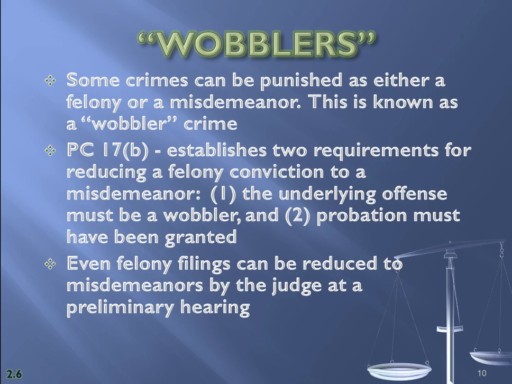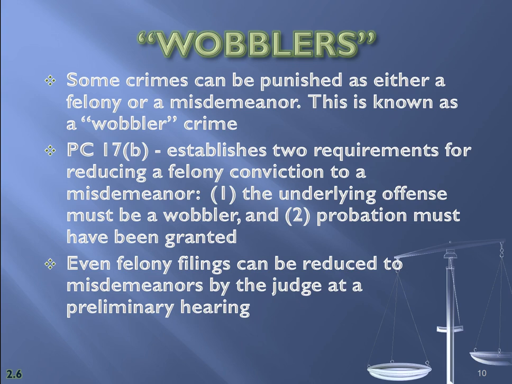Sometimes a wobbler filed as a felony will be reduced to a misdemeanor by the judge at the preliminary hearing. Sometimes the prosecutor will file a wobbler as a misdemeanor from the very beginning. Unless filed as a misdemeanor or reduced at the preliminary hearing by the judge, wobblers tend, for all intents and purposes, to be felonies. Okay?